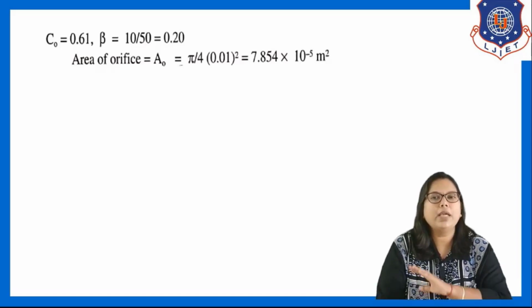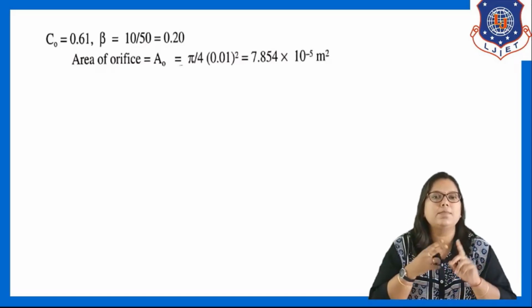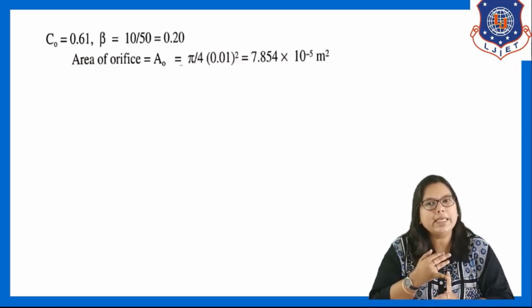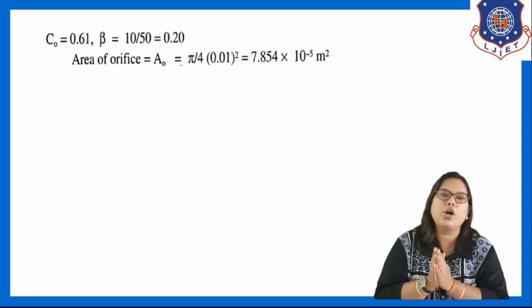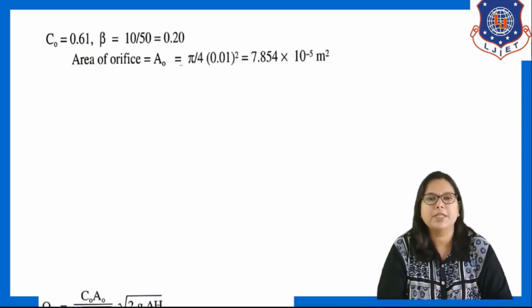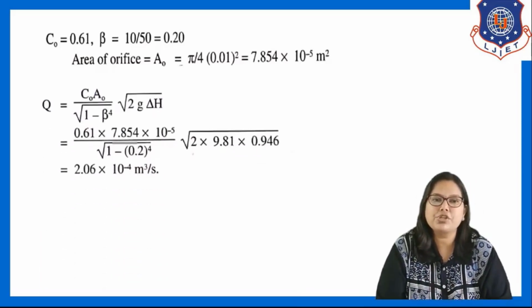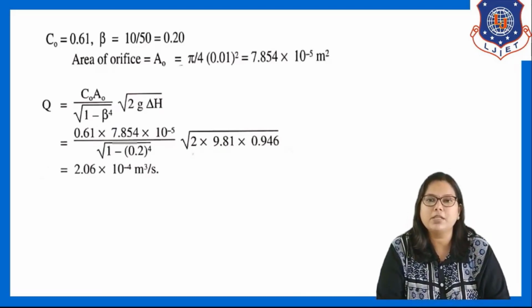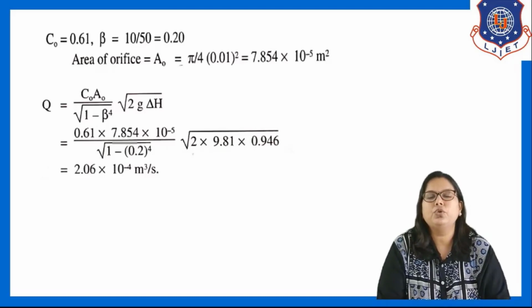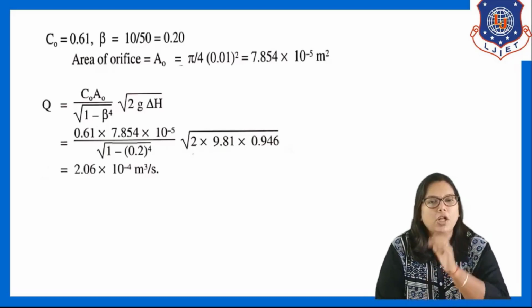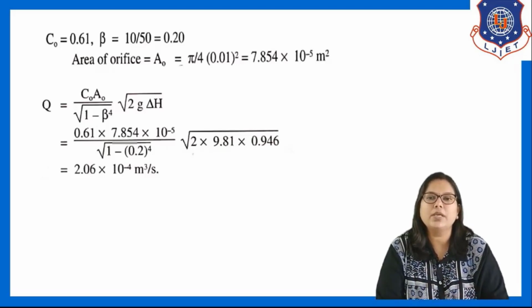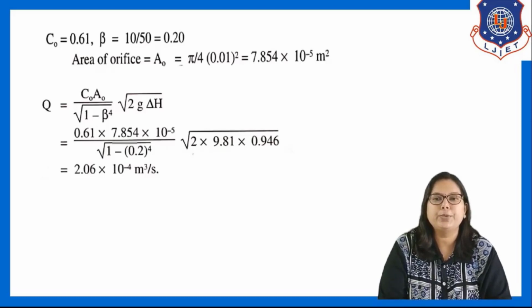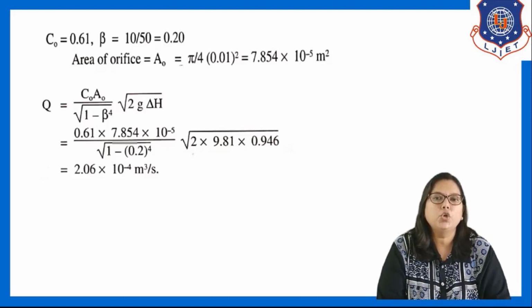Fine. Now we have all the values, capital delta H, beta, A0, C0. Now you just have to put all the values in our flow equation of orifice meter. Q is equal to C0 A0 upon under root of 1 minus beta raised to 4, into under root of 2g capital delta H. Put all the values: 0.61 into 7.854 into 10 raised to minus 5, divided by under root 1 minus 0.2 raised to 4, into under root 2 into 9.81 into 0.946.